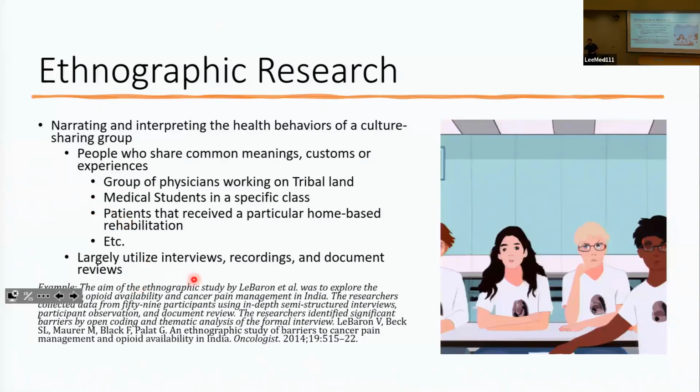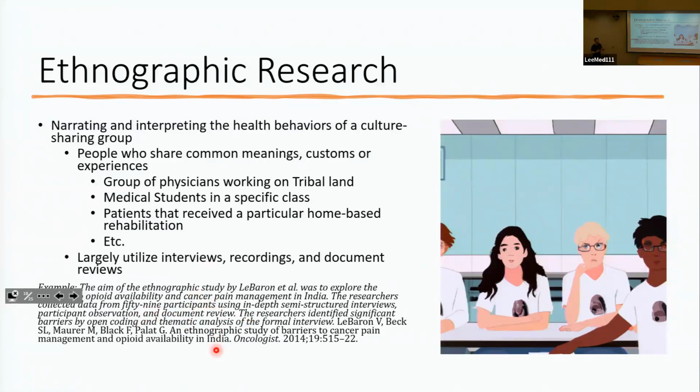Here we're talking about an ethnographic study by LeBaron et al. that was used to explore the barriers to opioid availability and cancer pain management in India. So it's a very specific group of individuals, cancer patients within this region in India, that are going to share common meanings, customs, or experiences, and then utilizing interviews, recordings, and document reviews, they are going to identify significant barriers by engaging in what's called open coding and thematic analysis of the interview process to then figure out what it's like to be a member of this group.